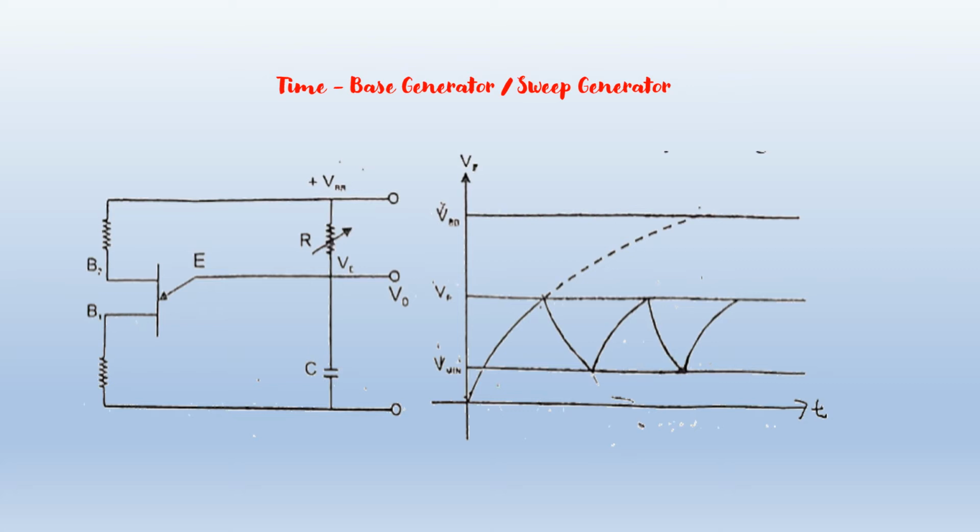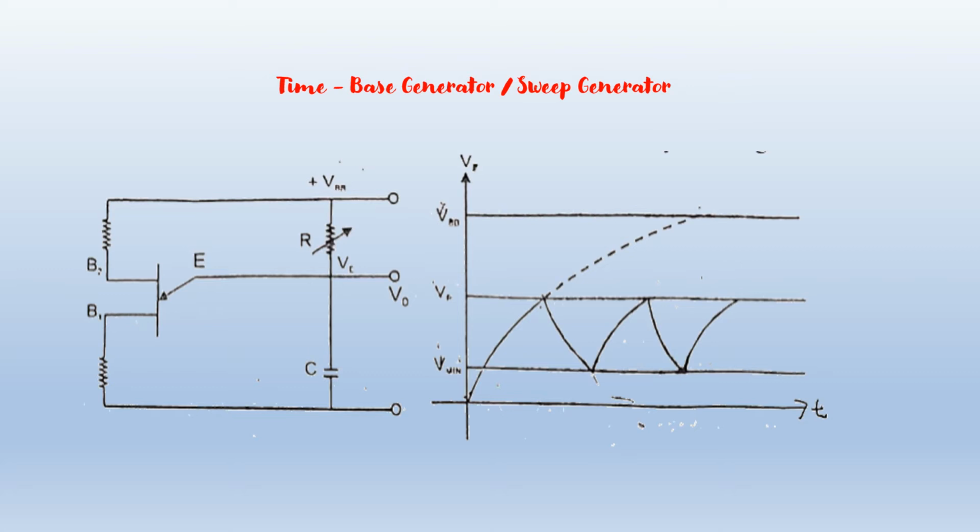As you can see, resistor and capacitor are connected in series. During the charging process, the spot moves from left to right, and during the discharging time, the spot returns to the left side and the process continues. You can see clearly with the help of this diagram.